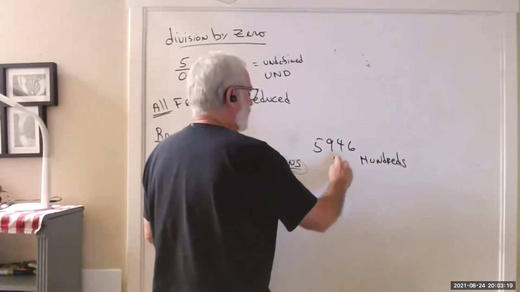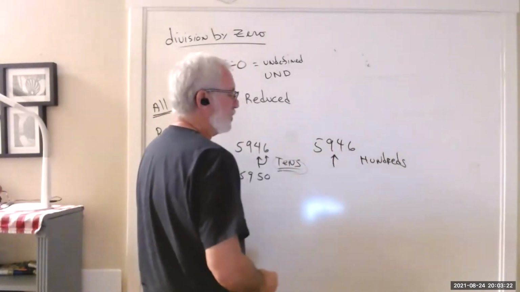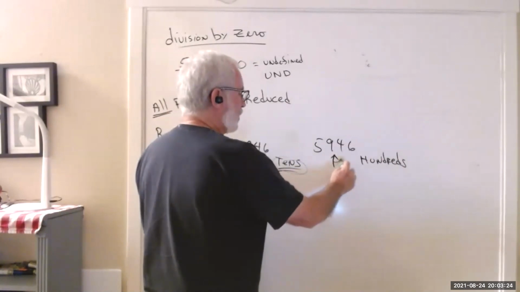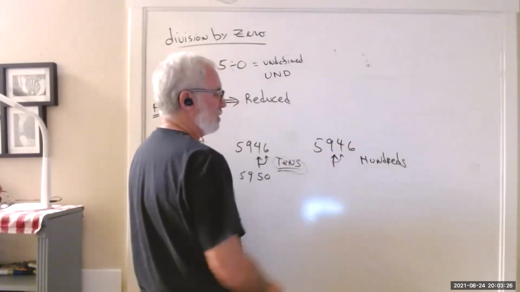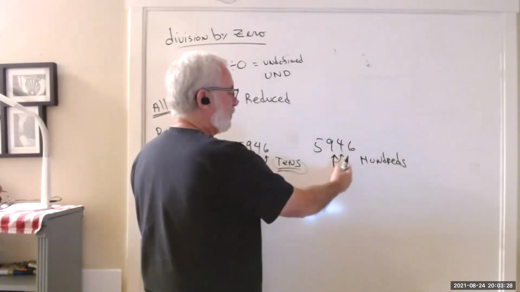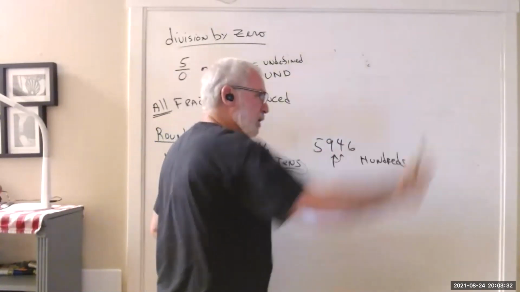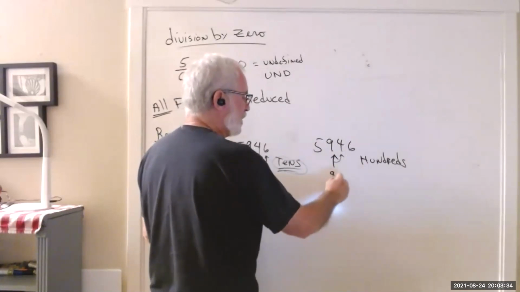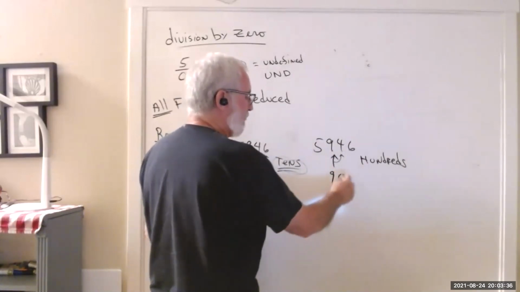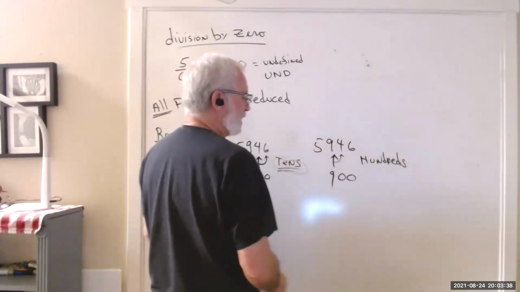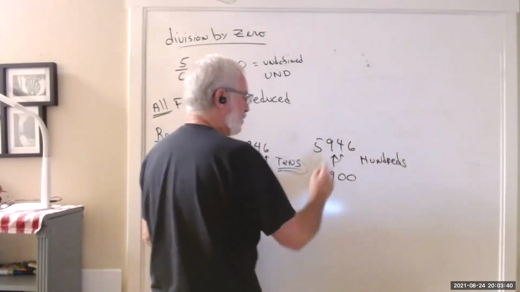So the 9 is in the hundreds place. We look at the 4. Is the 4 big enough to kick the 9 up? Remember, big enough means 5 or more. The answer is no. So the 9 stays a 9. Everybody after it turns back into zeros, and this turns into a 5.